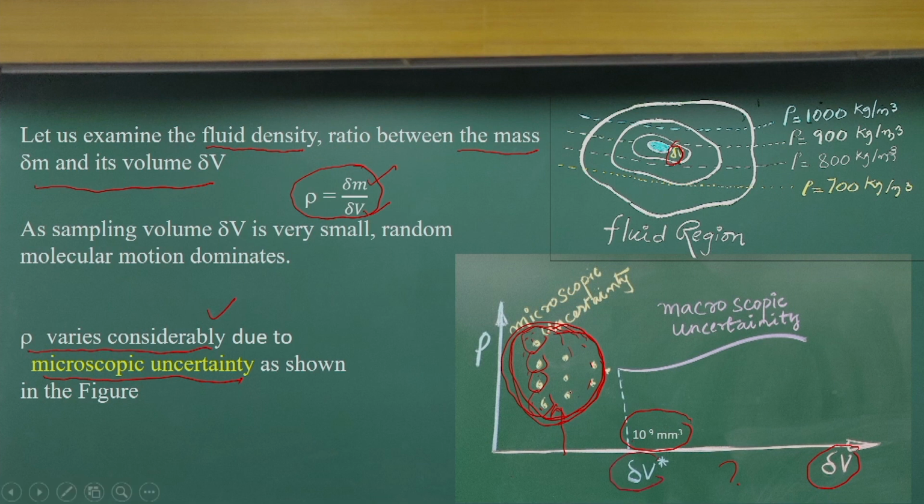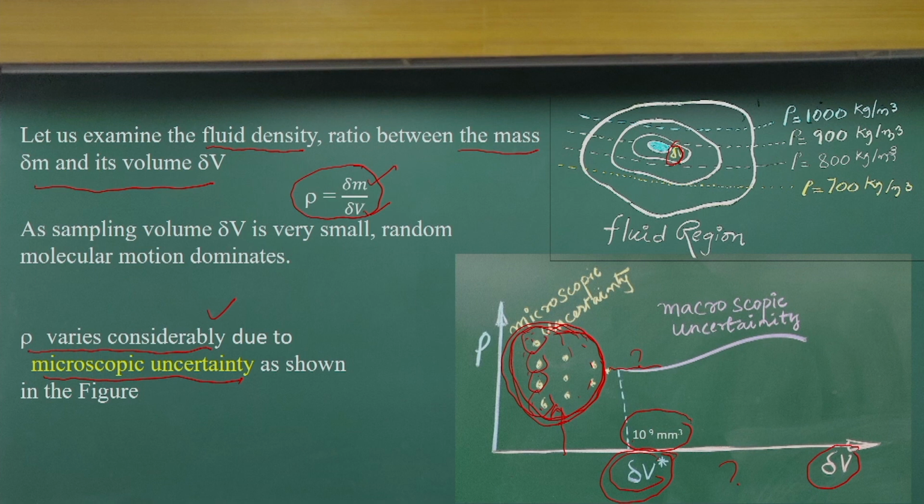The density varies considerably when the sampling volume is lesser than this. But there is a limiting condition, delta V star. At that limiting condition and beyond, the density is fairly constant. That means as we increase the sampling volume to a particular limiting value, the density remains constant.